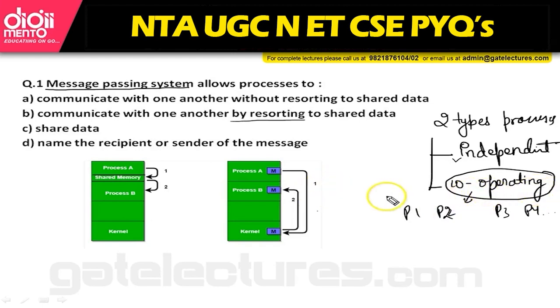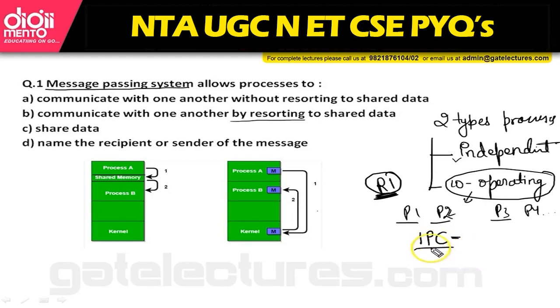So that we can share data. Suppose I have some resource R1 and processes P1, P2 and P3 want to share this data, then we use cooperating processes. For this we use a mechanism known as inter-process communication, IPC.